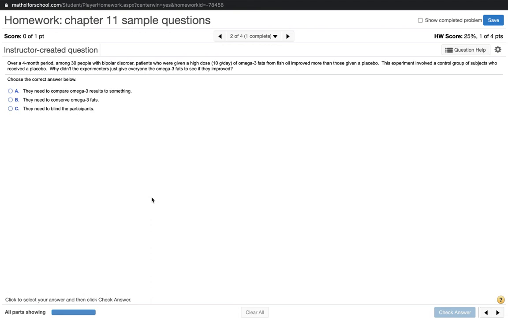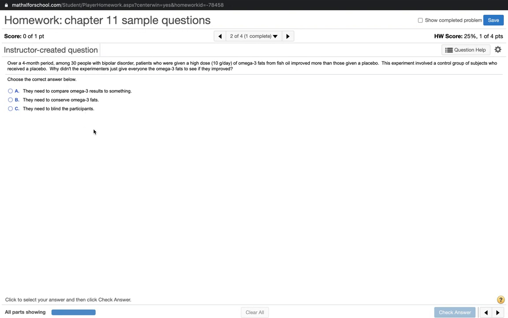Remember, one of the most important things regarding experiments is that they have to be comparative in nature. The best experiments are comparative in nature. So if we just gave everyone the same thing, we wouldn't have anything to compare that thing to.